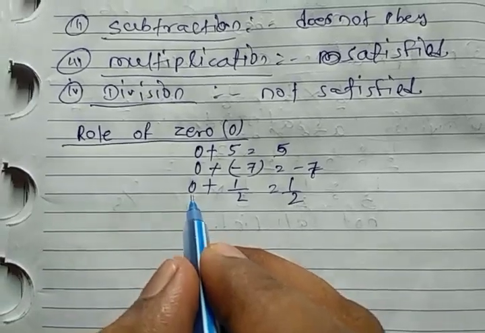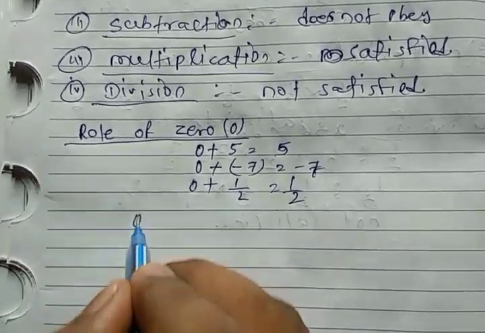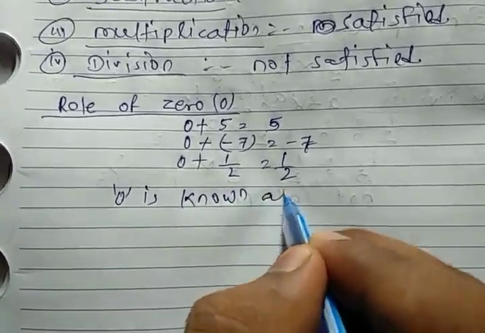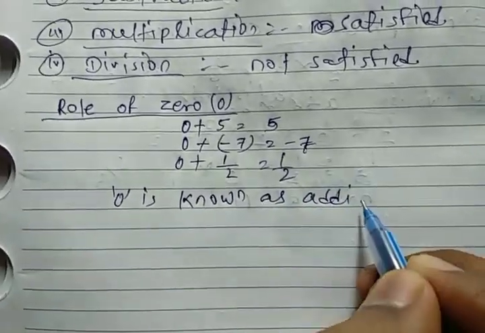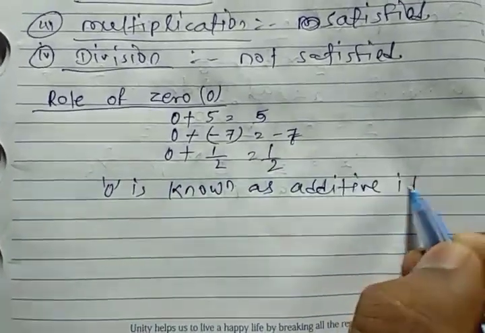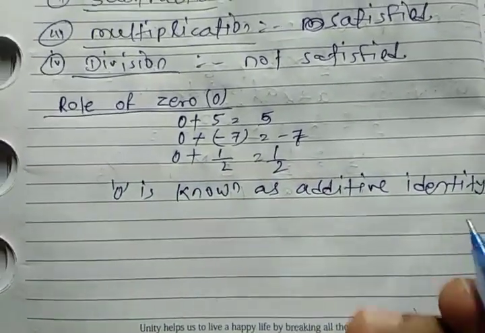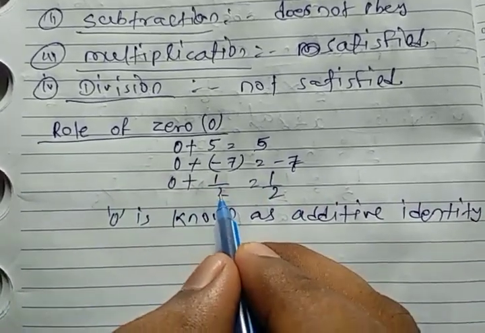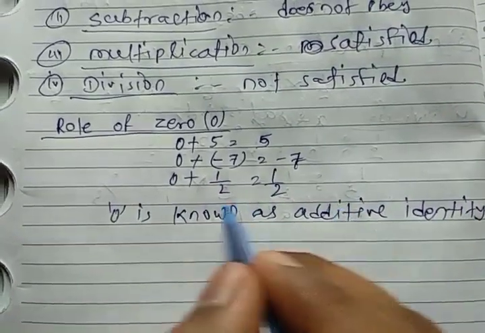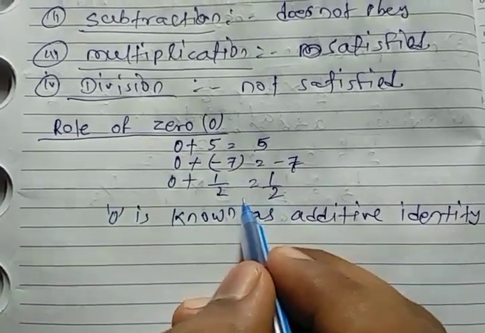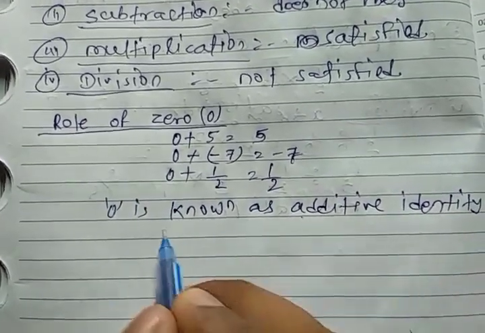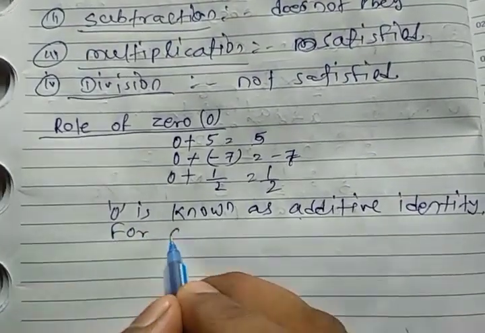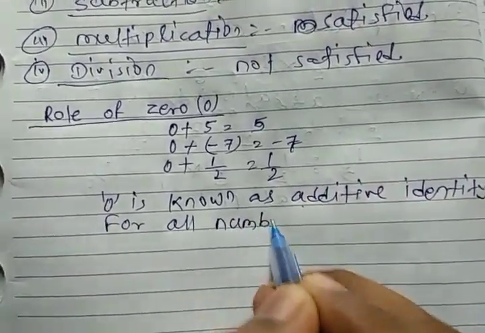So 0 is known as the additive identity, because when we add 0 to a number, we get the identical number. For 1 by 2 we get that identical number, so it is known as the additive identity for all numbers.